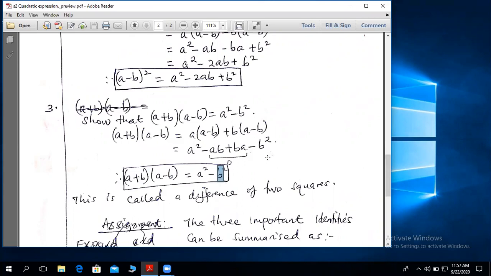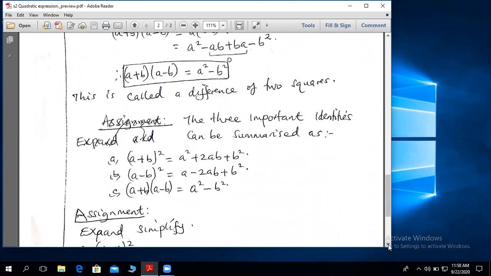So the three important identities that must always be remembered in mathematics are, we have a plus b squared, which is always equal to a squared plus 2ab. You first square this one, you get a squared plus 2 times ab, that is 2 times a times b, then finally plus b squared.